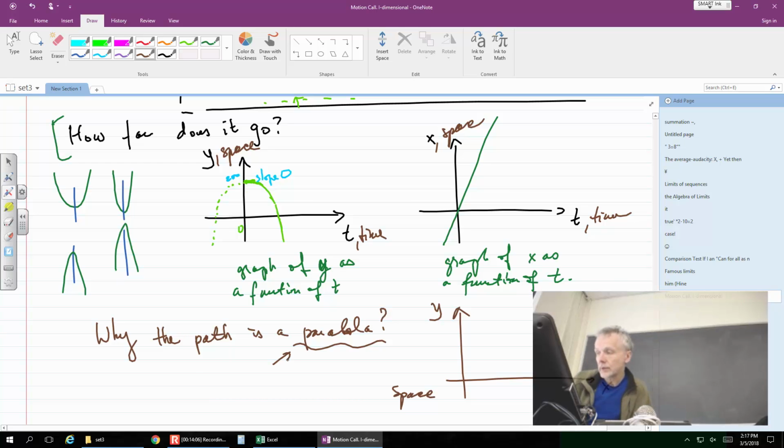So when we're saying that the graph of y as a function of x is a parabola, it simply means that y depends on x quadratically. And where does it come from? How do we express y in terms of x?